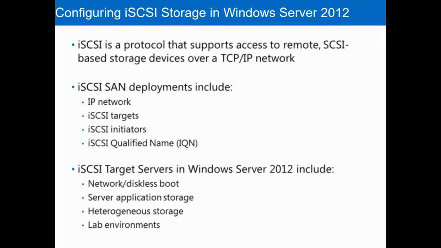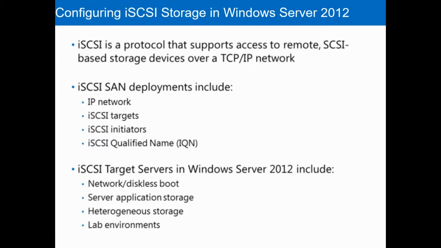We have the iSCSI qualified name, or IQN, which is a unique identifier used to address initiators and targets on an iSCSI network. When you configure an iSCSI target, you must configure the IQN for the iSCSI initiator that will be connecting to the target.